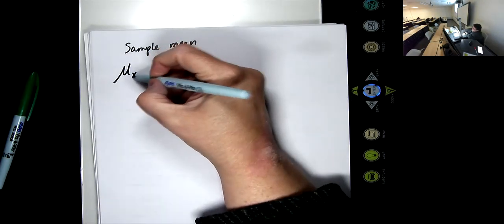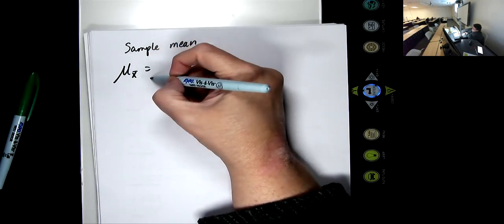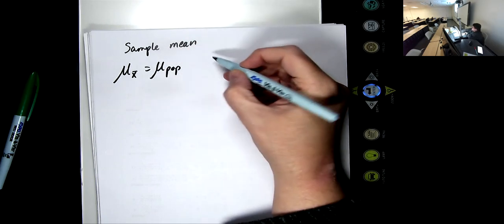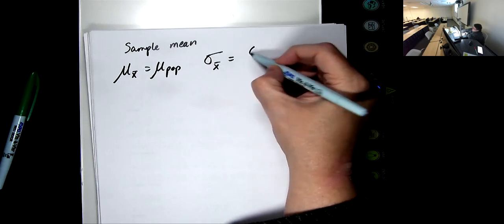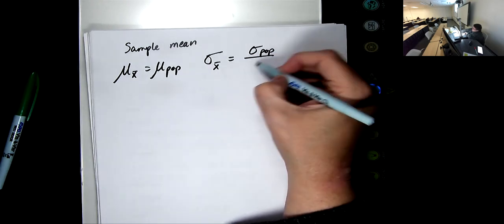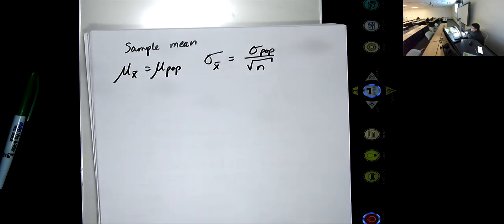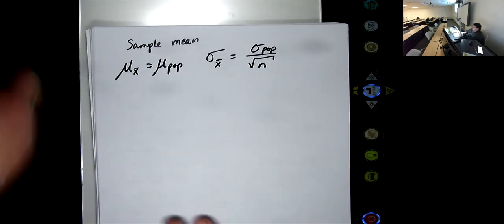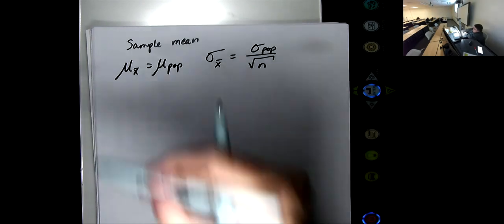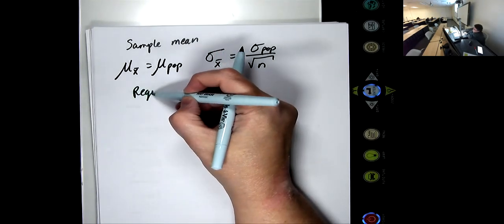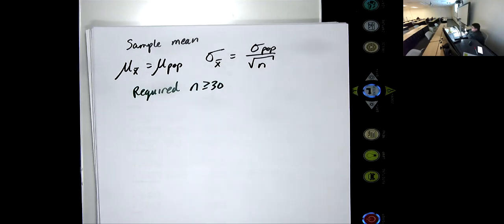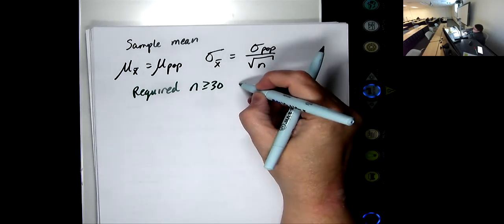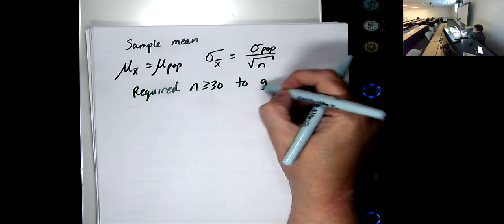Mu of X is the mu of the population. The standard deviation of X is the standard deviation of the population divided by the square root of n. And it required n greater than or equal to 30 to guarantee it's a normal distribution.